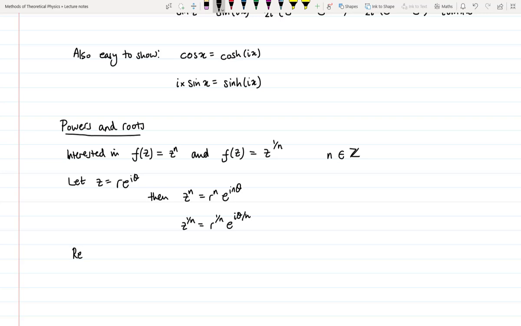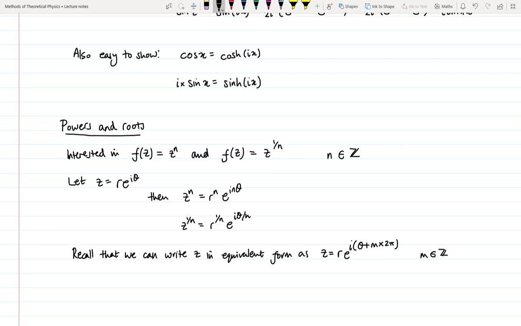Recall that we can write z in equivalent form as z equals r e to the i theta plus m times 2 pi, where m is an integer.